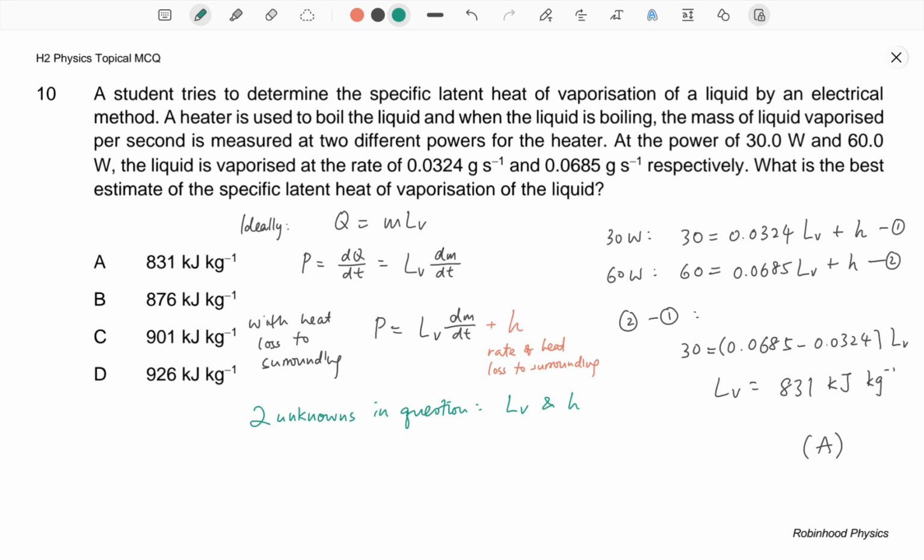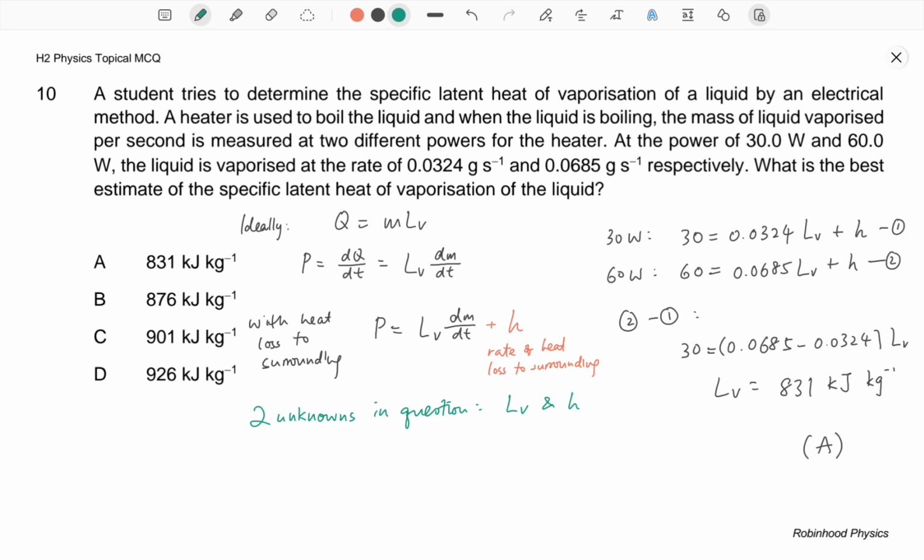So the container of the liquid is at boiling point in both cases. The surrounding is the same room temperature in both cases as well. So we expect the system to be losing heat at the same rate in both cases. So that's why we can write out these two equations and have the h being the same.